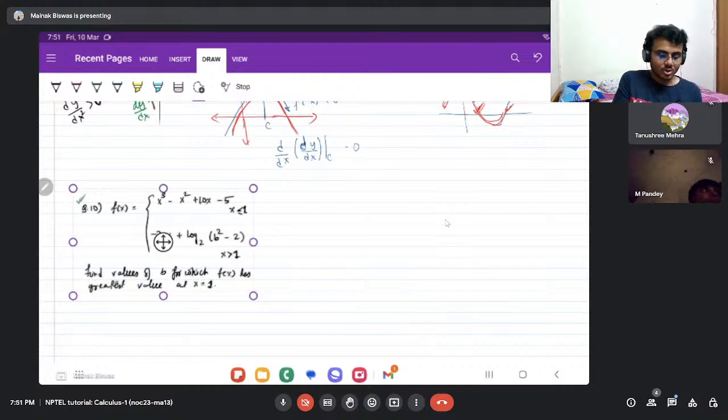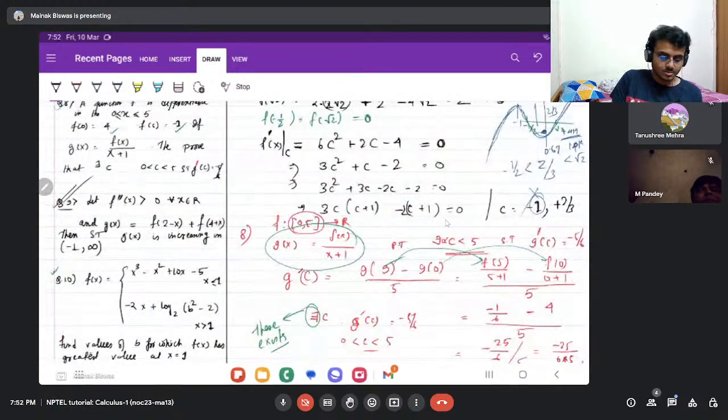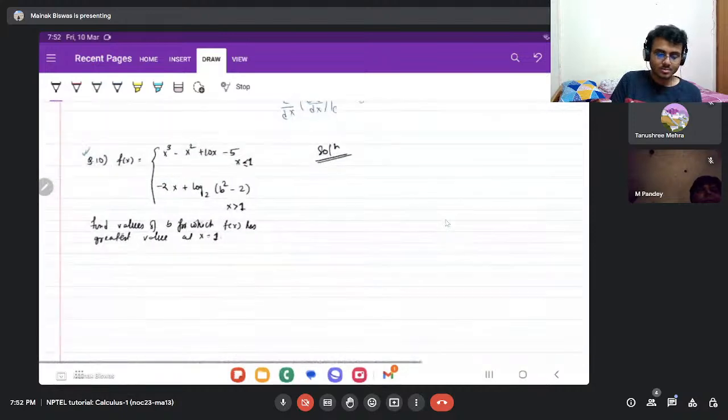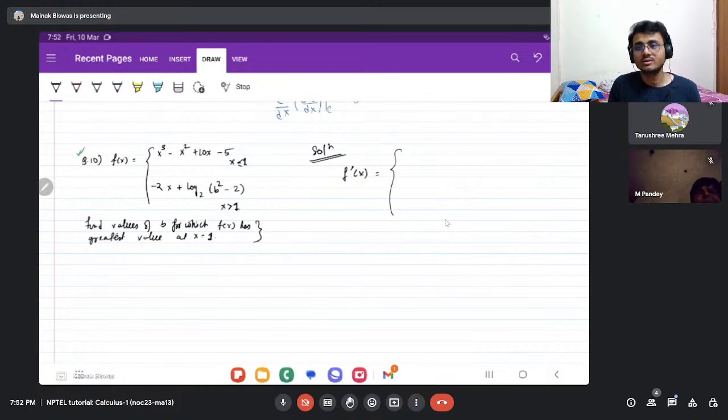How do you think I should solve this question? What should be the solution? See, so what values of b, it has to be the greatest value at this. So let's see. So f dash x first we'll have to see, right? Whether we can solve it using the derivative method.